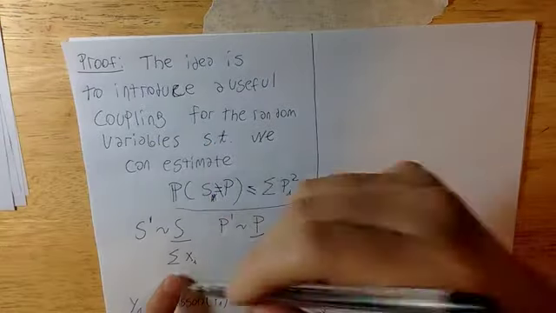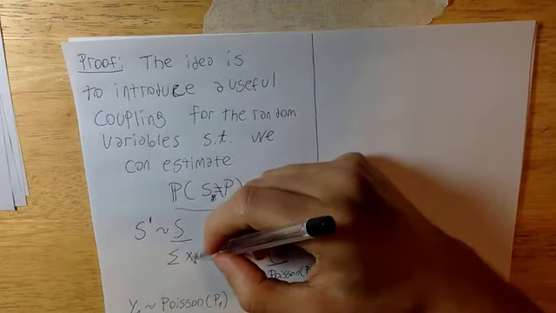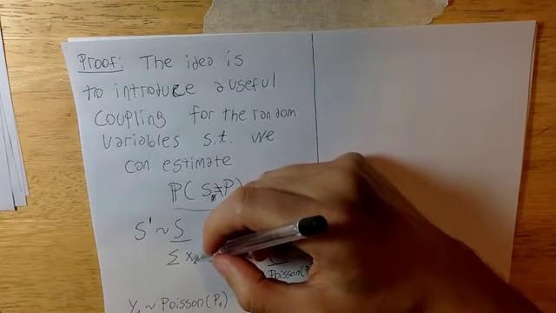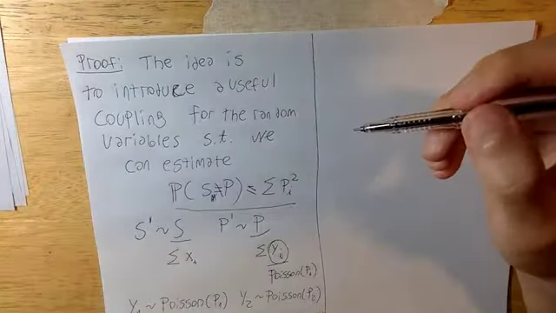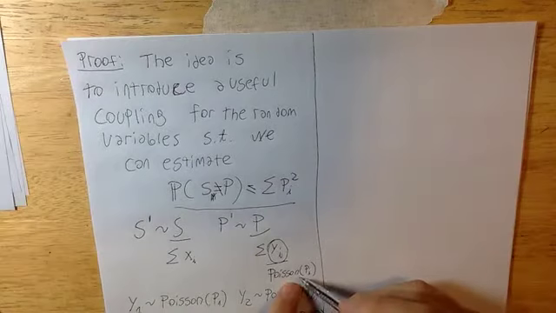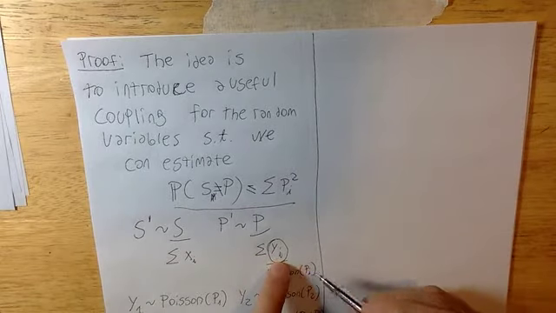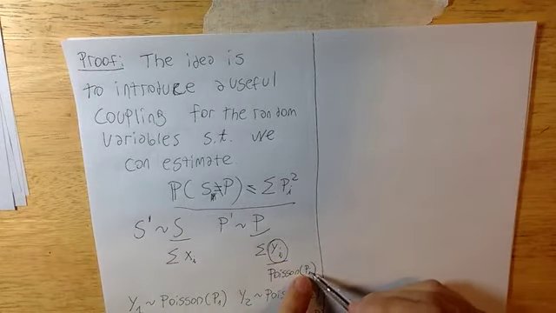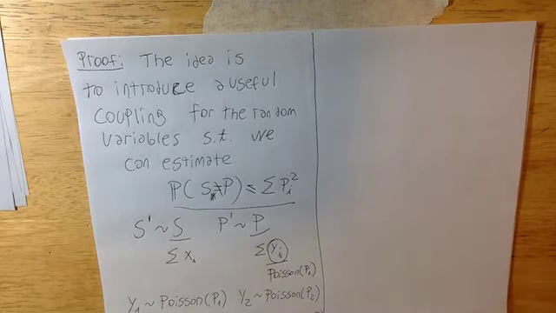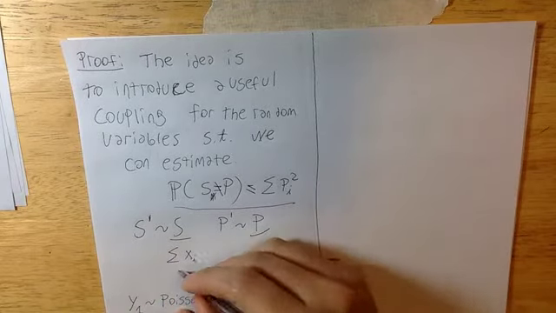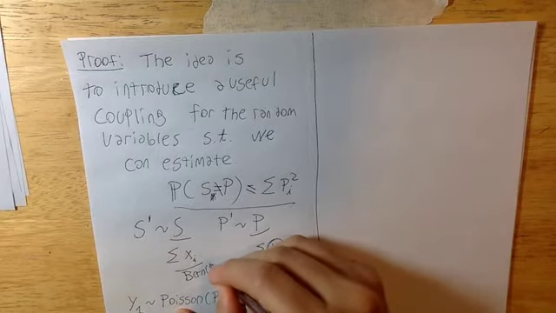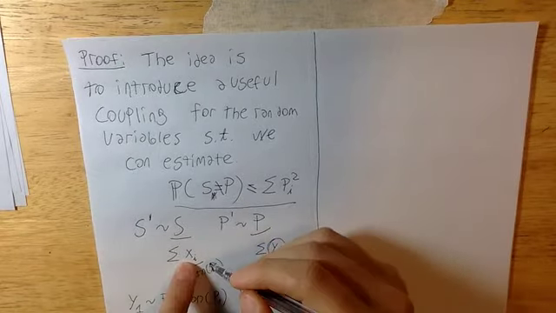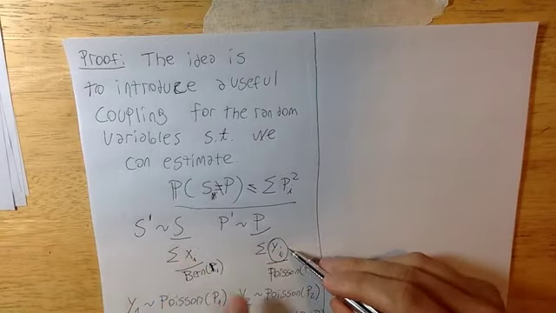Okay, so the idea is that x_i are all Bernoulli independent variables with parameter p_i, and now y_i is going to be Poisson p_i, where the p_i is the same as the one coming from x_i. And these guys are independent, so these guys are also independent.